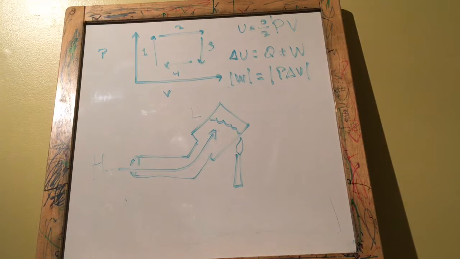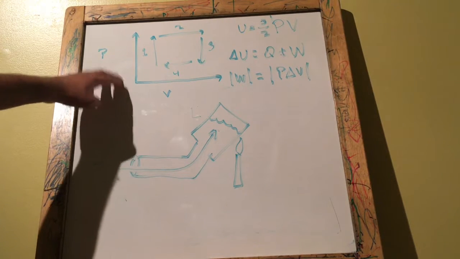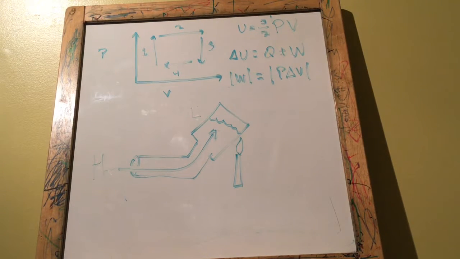Now here the engine begins to contract because the steam is no longer in the engine, the water is, and the water occupies a smaller volume, so the engine will contract to fit the shape of the water. And here the volume begins to decrease while the pressure stays constant. Also, in terms of work, since the engine is beginning to contract, we know that the gas molecules are beginning to have positive work done on them, which also means that there is negative work done by the gas, and that bears in contrast to process 2.